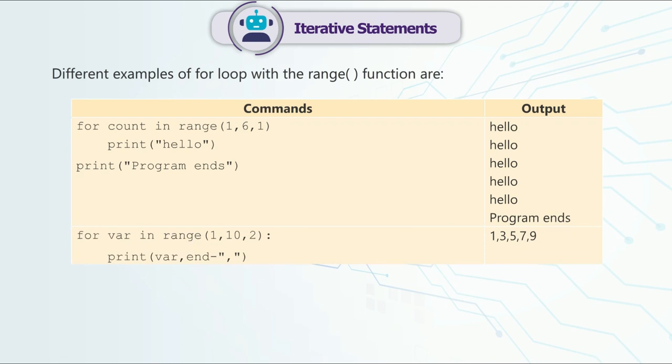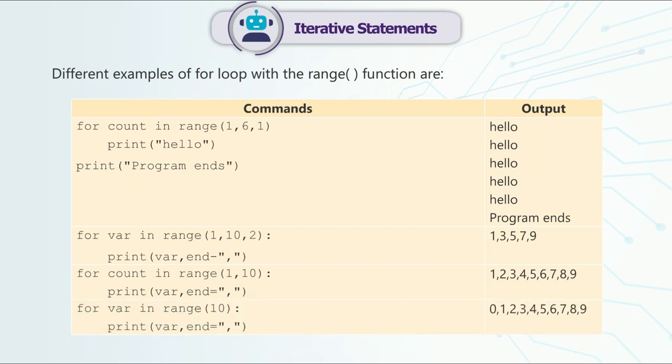For variable in range(1, 10, 2): print variable, end minus 1. Output: 3, 5, 7, 9. For count in range(1, 10): print variable, end. Output: 1, 2, 3, 4, 5, 6, 7, 8, 9.